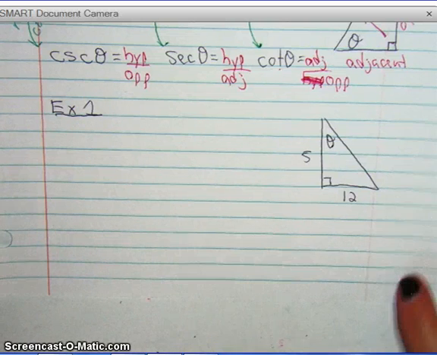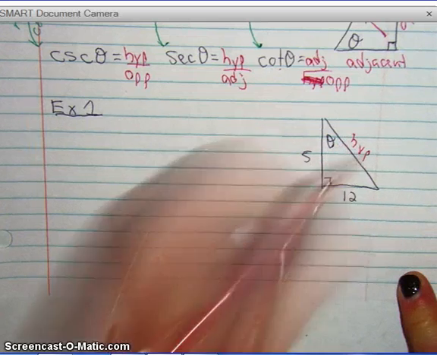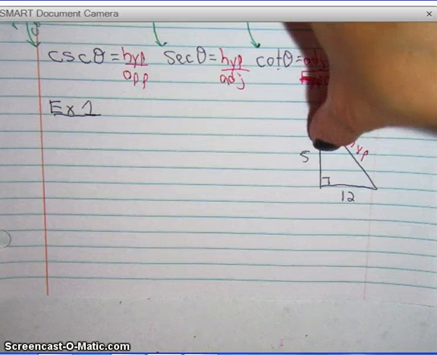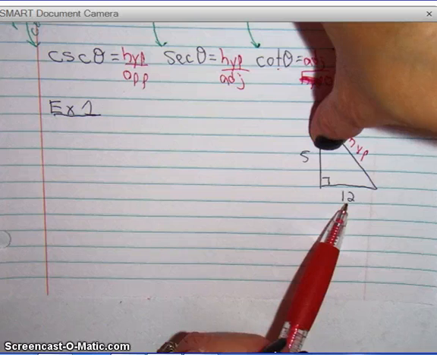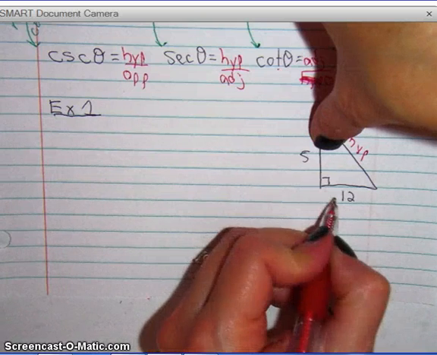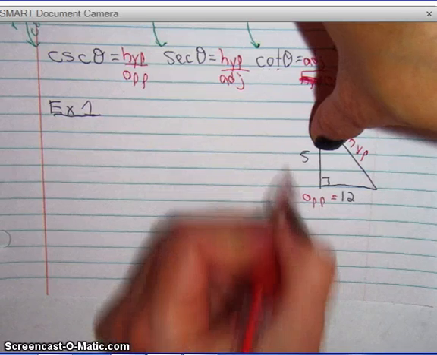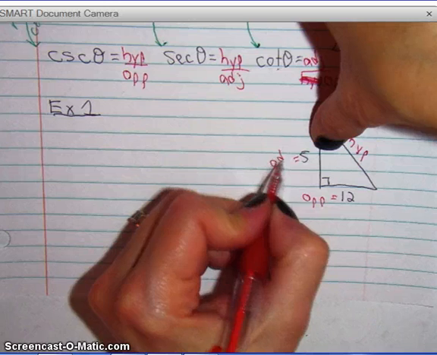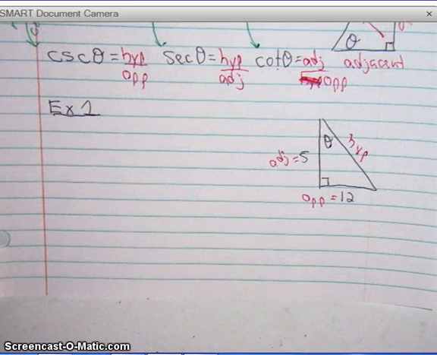So can you label each side from theta? Nat, from my finger, what is 12 called? Opposite or adjacent? Opposite. And 5 is called? Adjacent. Yes. It's always from your finger. Trust me, if you put your finger on the angle, this will always work.